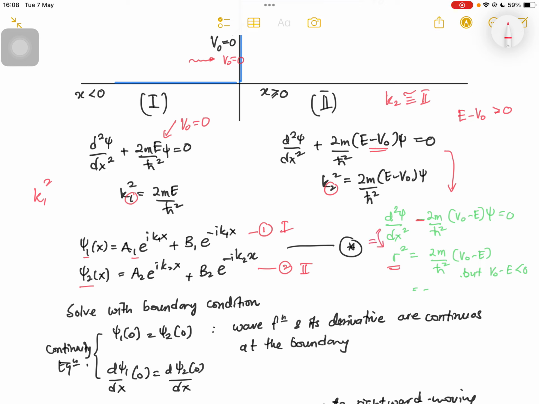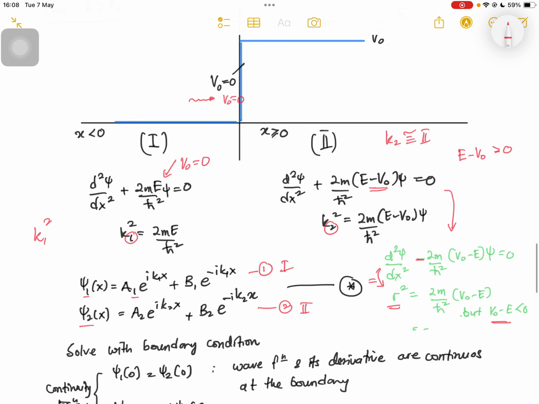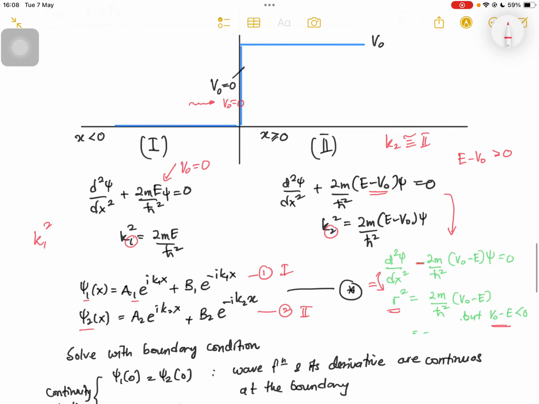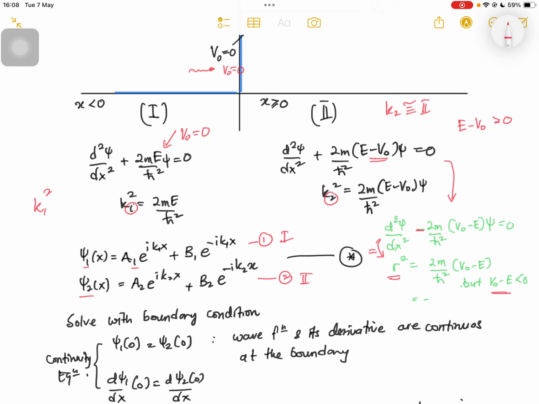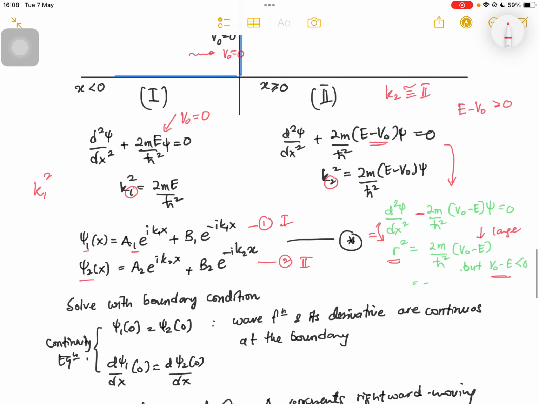But then you notice that in this case, V naught minus E is always less than 0, because your E here is very large. So they give back the negative of your K1 squared, and then it's a complex root.